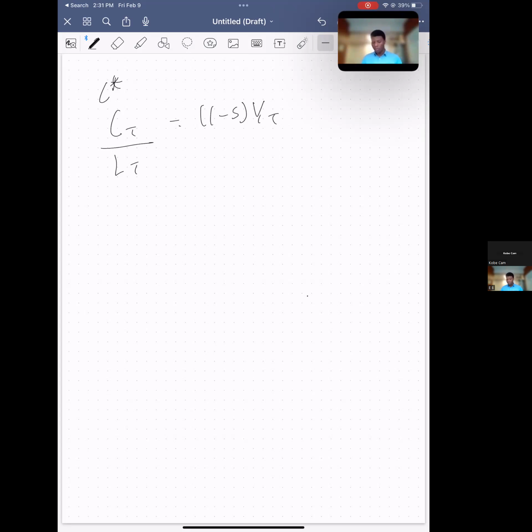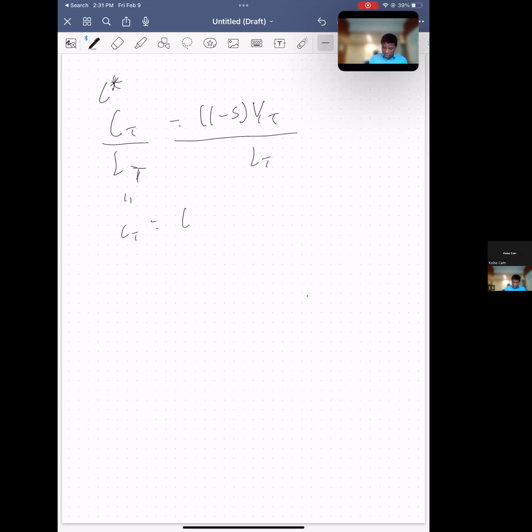So this is C_t. If we want to find consumption per capita, we need to divide everything by L. So this just equals C_t over L_t, which is consumption per capita.